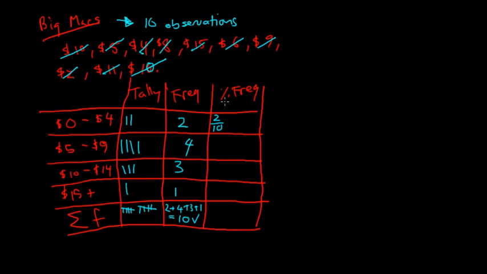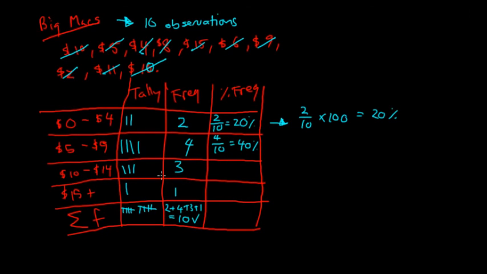So the percentage of time we observed observations in this 0 to 4 bucket is going to be 2 on 10 as a percent, which is 20%. For those of you not sure how to work this one out, it's 2 divided by 10 times 100 is equal to 20%. Over here, we use the same maths. 4 on 10 equals 40%.